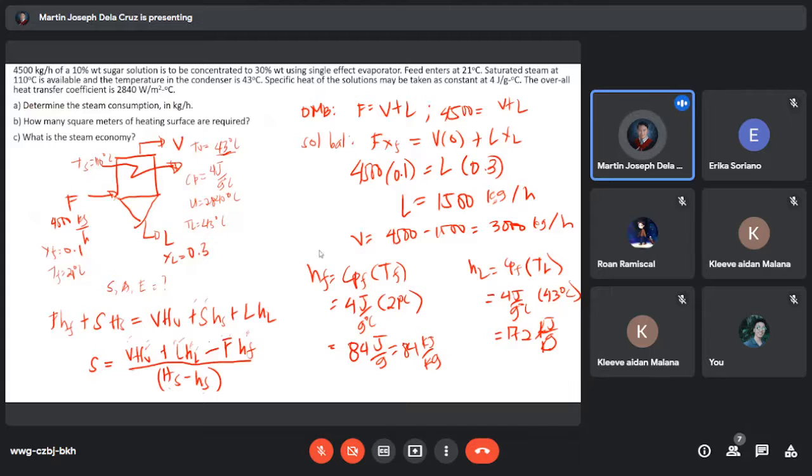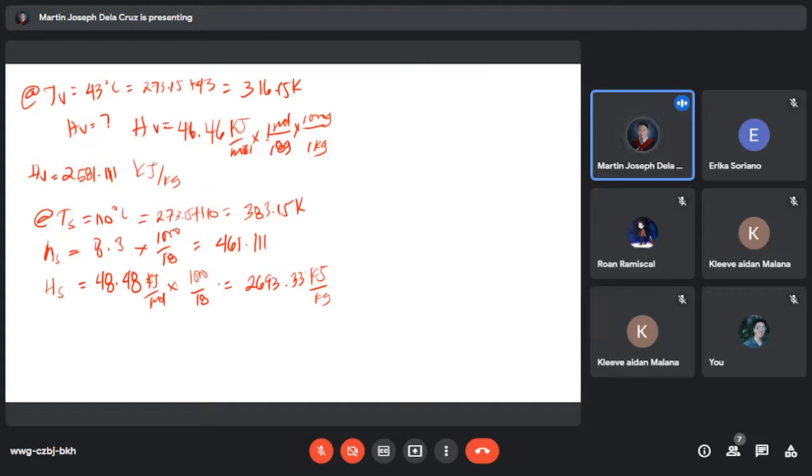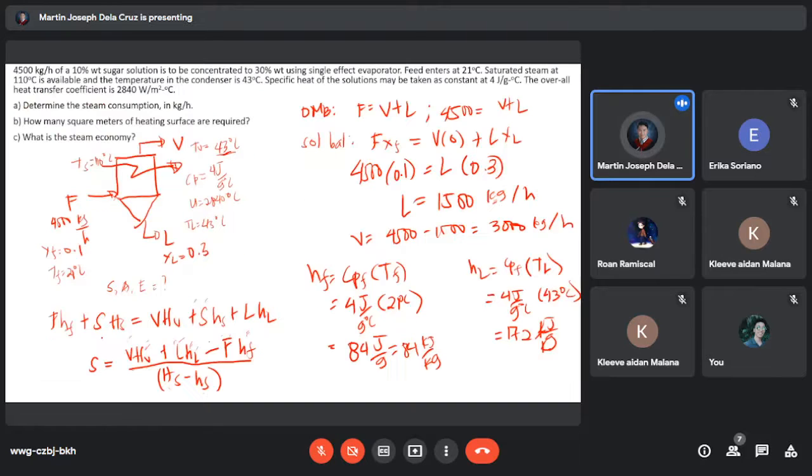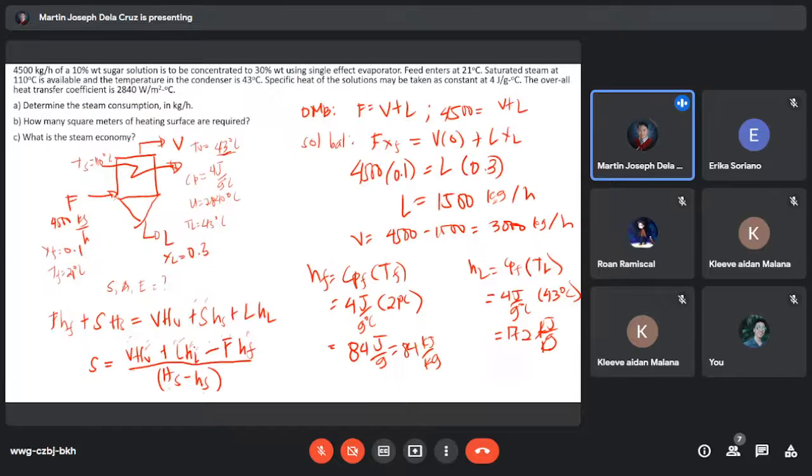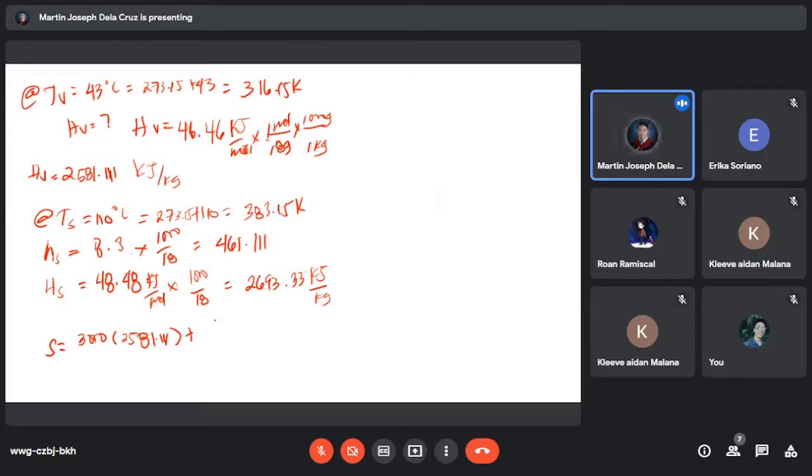So, we can now get the value of your steam consumption. Steam is equal to FHF, so we have F, VHV. V is 3,000, so 3,000 times HV, which is 2,581.111, plus LHL. L is 1,500 and HL is 172.